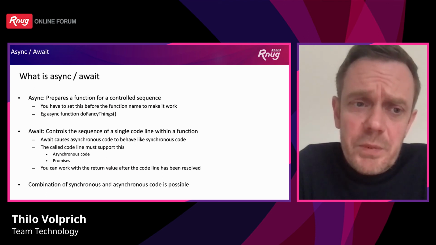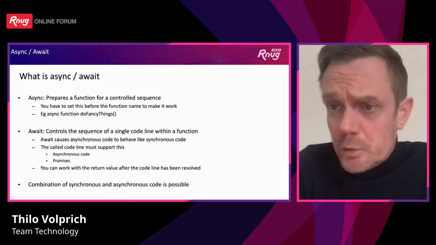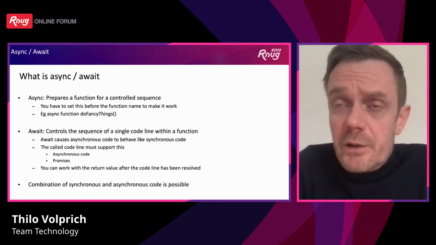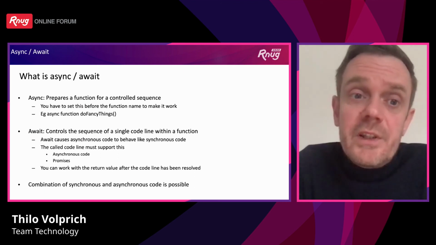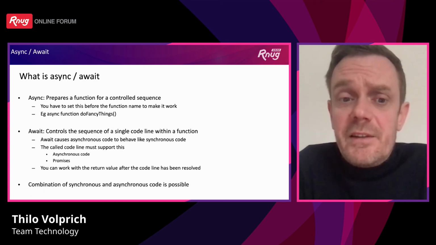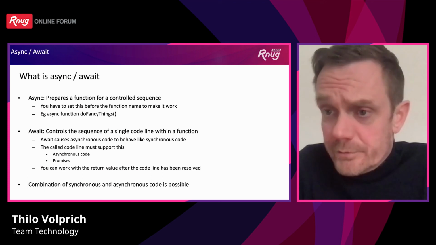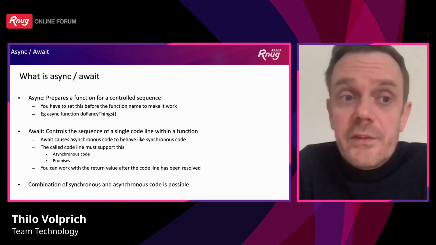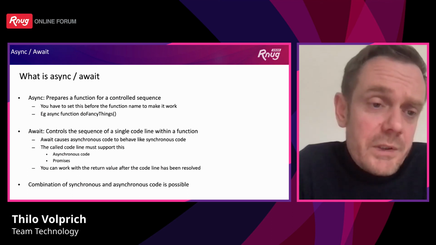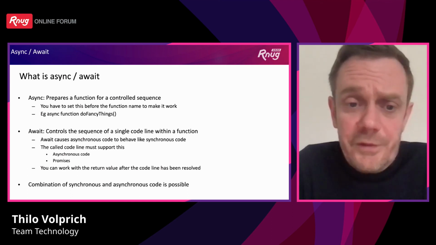So async prepares a function for a controlled sequence. If you want to use async await code instead of promises, then you have to set this before the function name to make it work. For example, you see async function do fancy things.